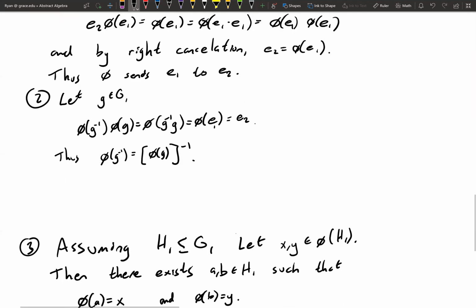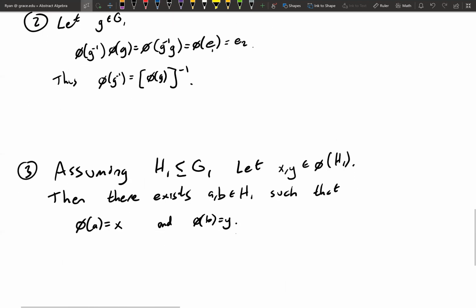Okay, now I am ready to prove 3. And I have basically everything I need to do it the fast way. So I've got the subgroup H1 of G1. Pick 2 elements of phi of H1.